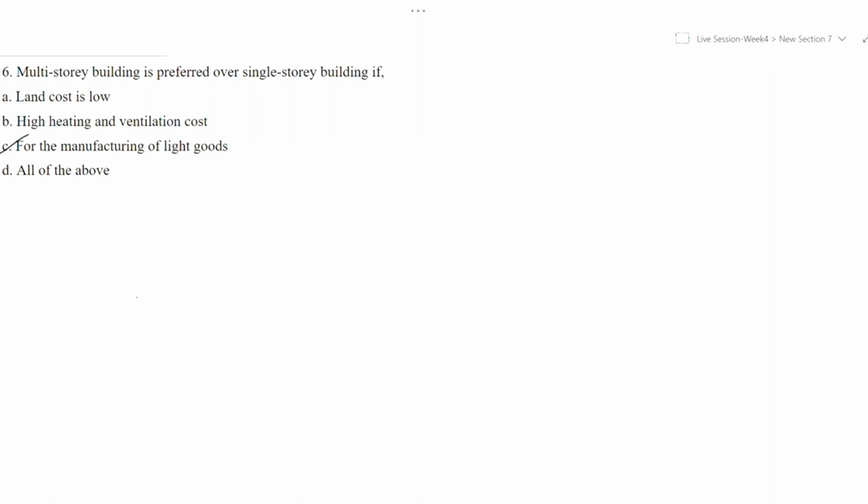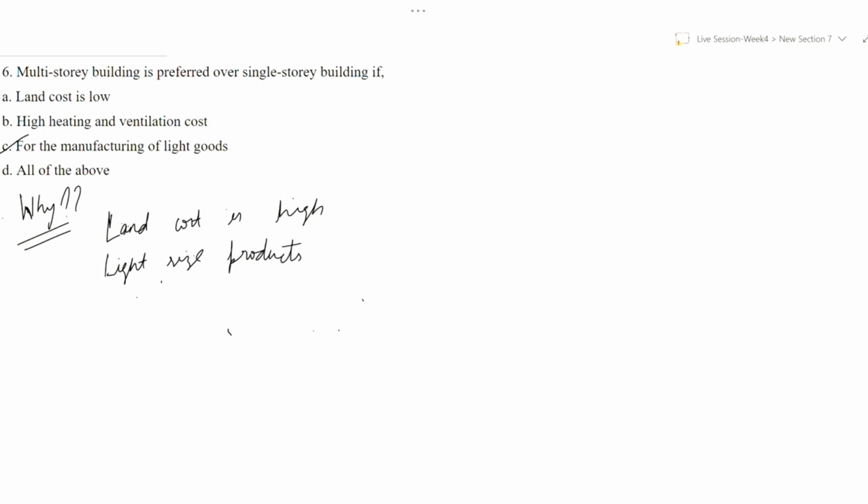So the correct option is for the manufacturing of light size products, where very heavy machinery is not required, and when land cost is high.